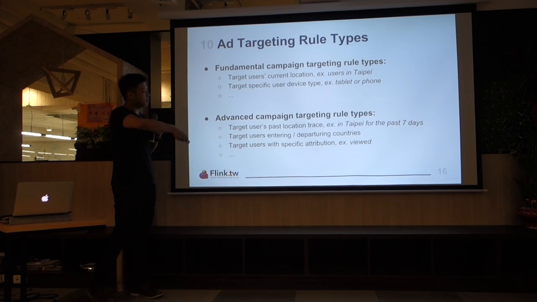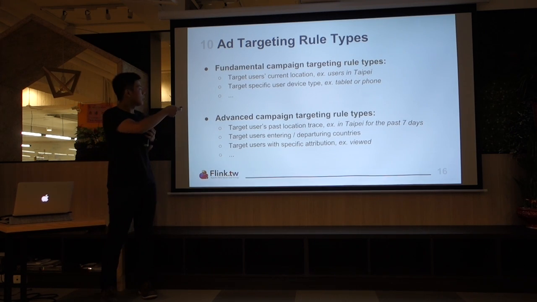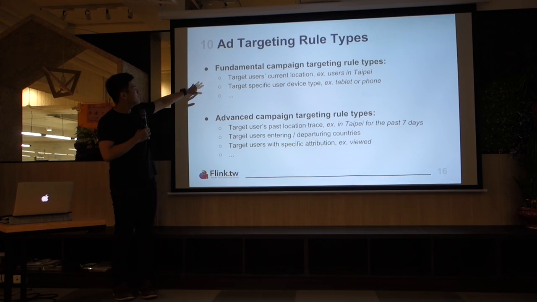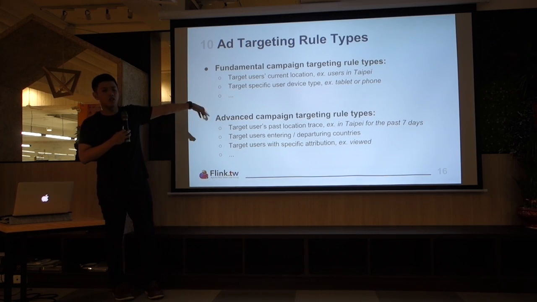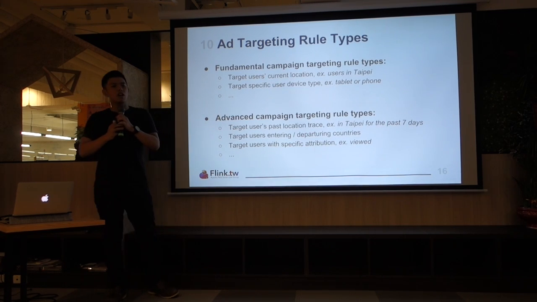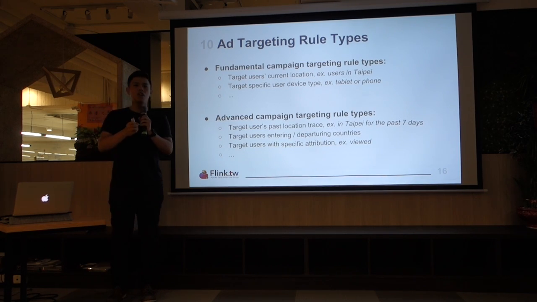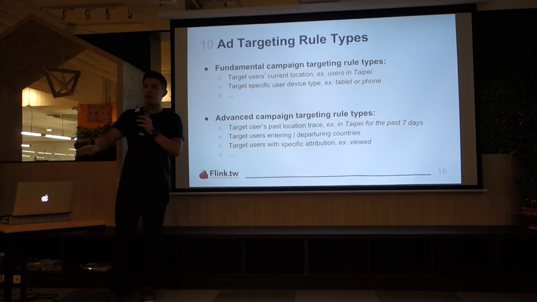We get a better idea with this content here. Fundamental campaign targeting rule types. So the most basic kind of targeting rule is target user's current location. For example, an advertiser bought a campaign and said, I want to target people in Taipei.